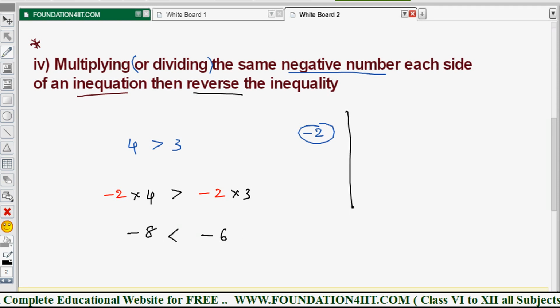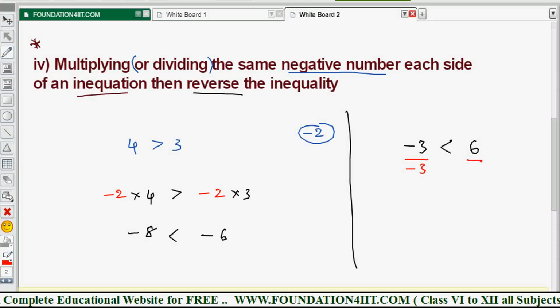Let me show one more example. Now take a negative number: minus 3 is less than 6, right? Now divide by the same negative number on both sides. Divide by minus 3 on both sides.